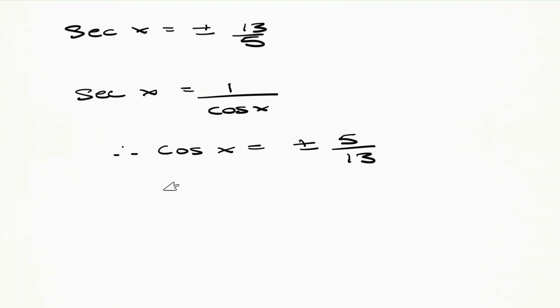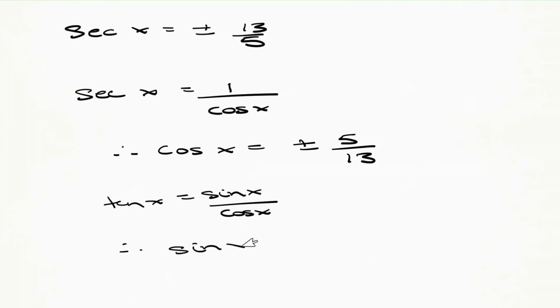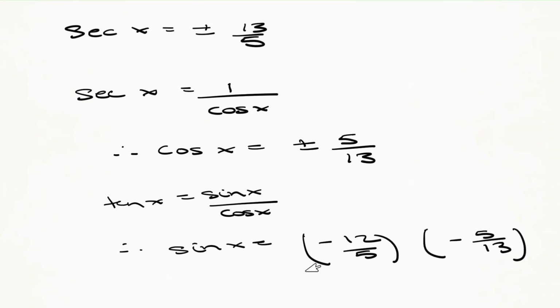And lastly, we also know that tan x is sine x over cos x. So now that we've got both of those, we can find sine x. So that'll be minus 12 on 5 times minus 5 over 13 to then give us 12 on 13.